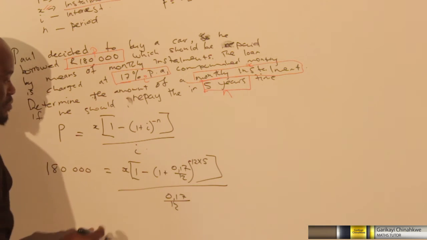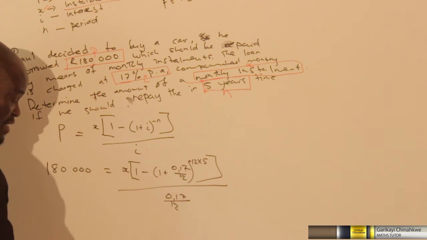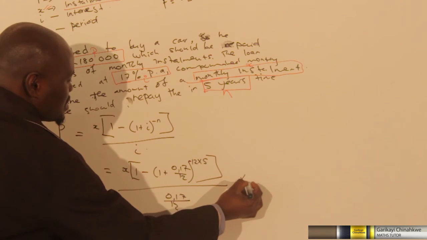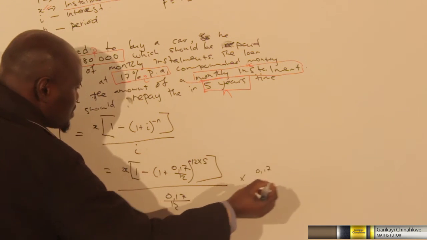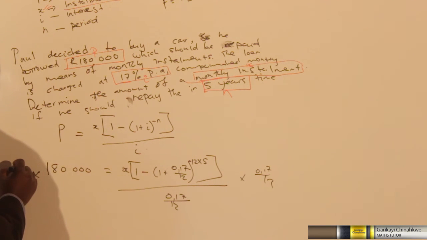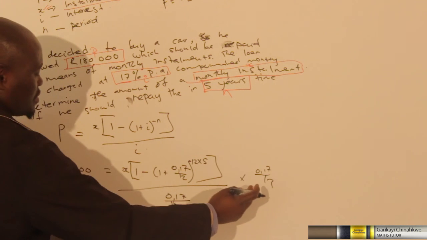Then from this, we are supposed to solve for X. If you're solving for X, it's very easy, because you're just going to multiply by 0.17 over 12 both sides, so that this will cancel out this.